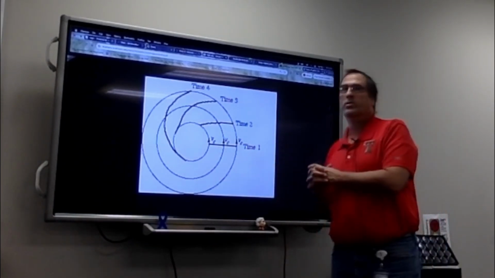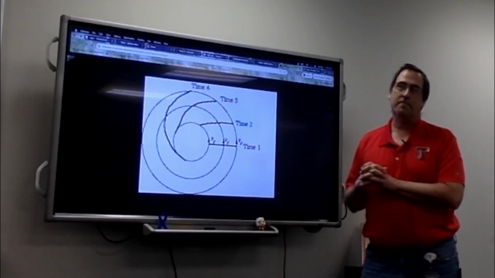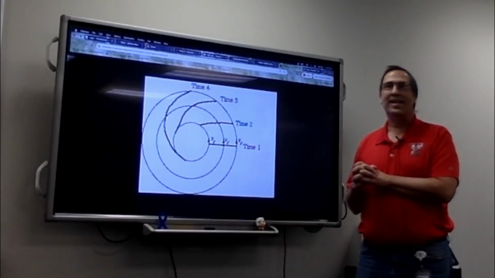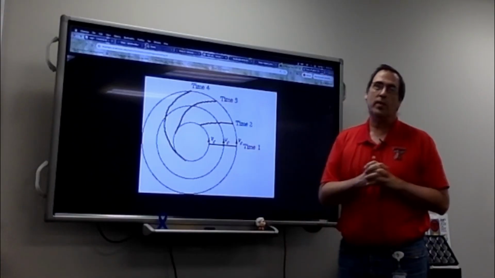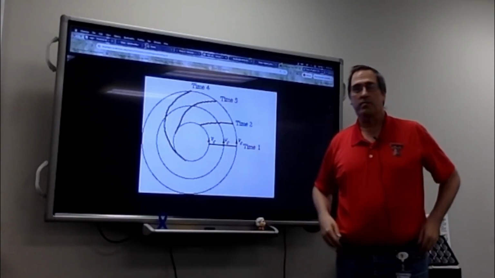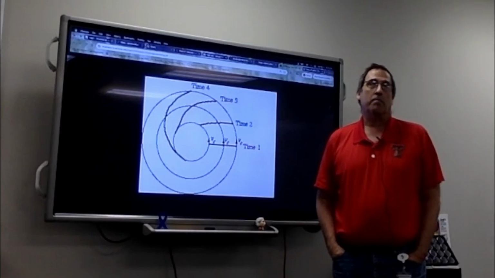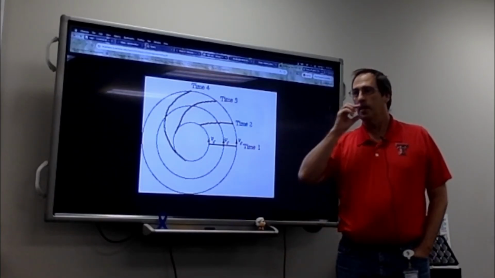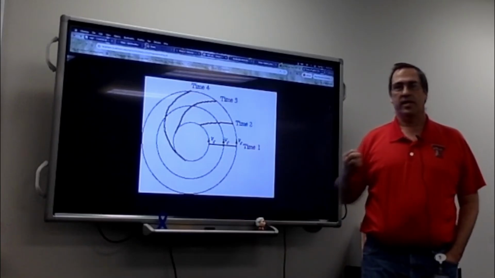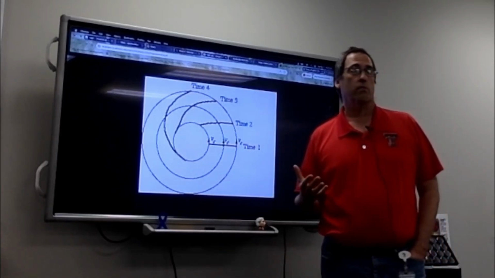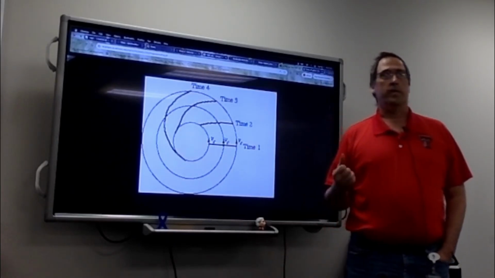The other possibility is we're looking for a bunch of WIMPs. WIMP stands for Weakly Interacting Massive Particle. This is some sort of particle that we have not identified, some sort of exotic form of matter perhaps, where it is very heavy, but because of its nature, it just doesn't interact with light easily.